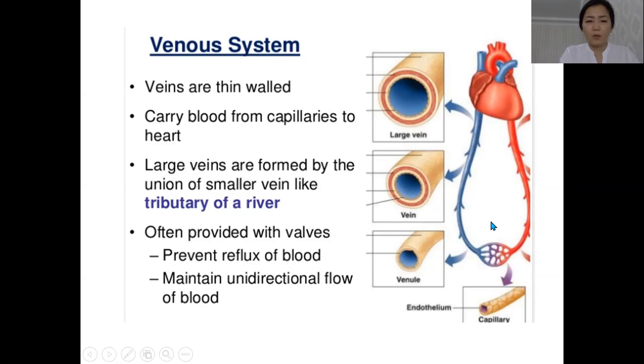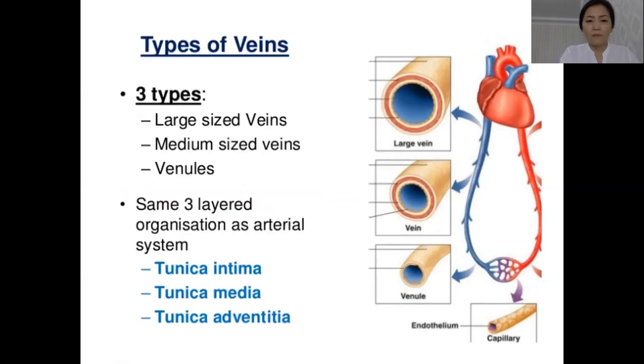Morphologically, veins can also be of three types: large-sized veins, medium-sized veins, and venules. They have the same three-layered organization as the arterial system, meaning tunica intima, tunica media, and tunica adventitia are present on the wall of veins. Let's describe one by one.